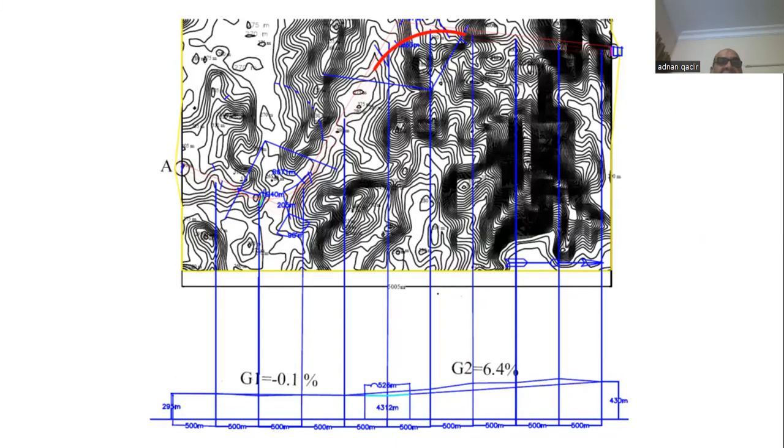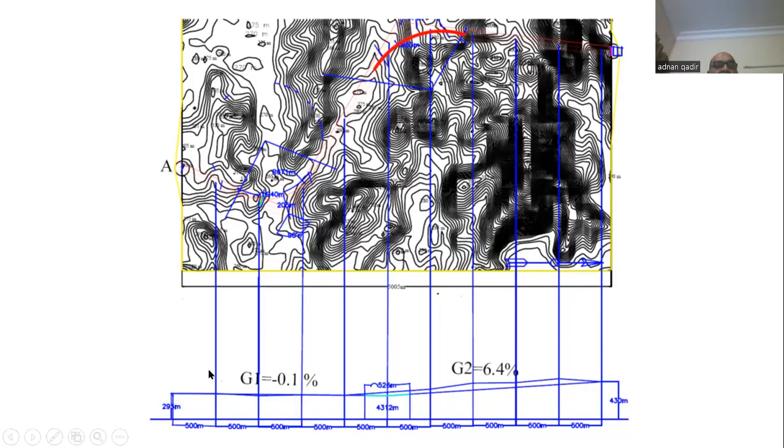We had this alignment, you can see in red, and for this explanation, I've made a profile at every 500 meters, because it happens to be 5 kilometers, so I felt it easy to have a 500 meter interval.